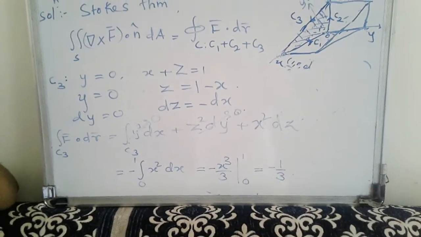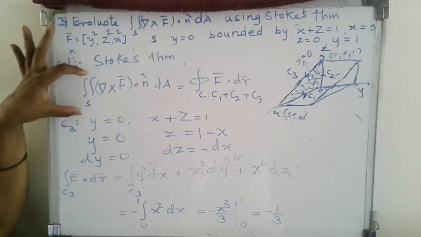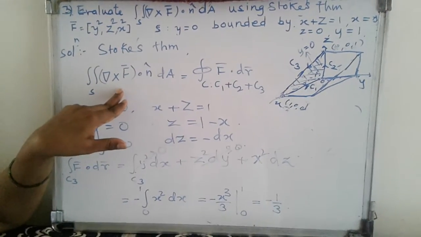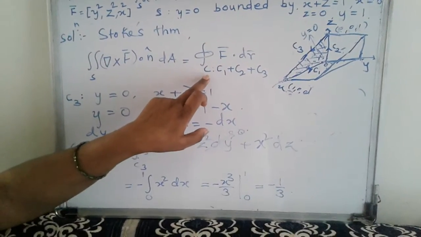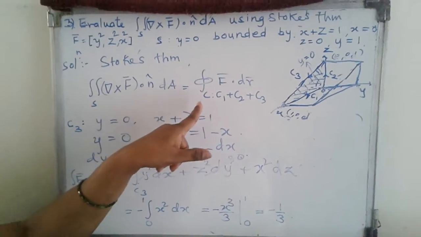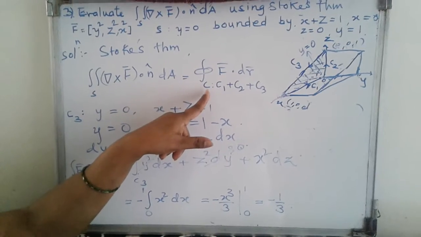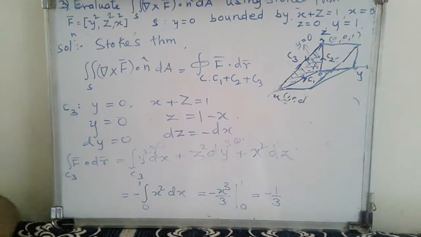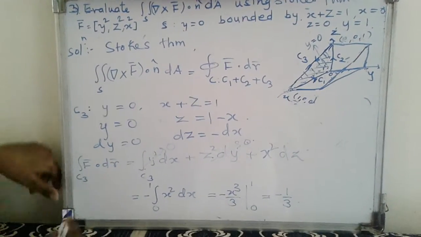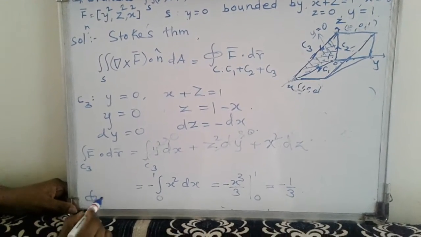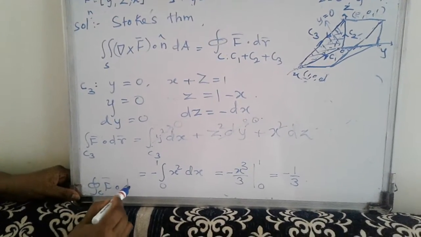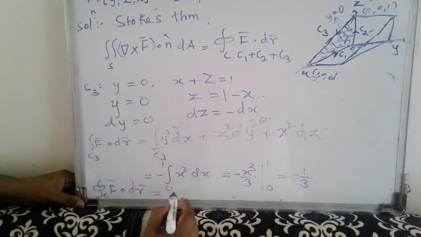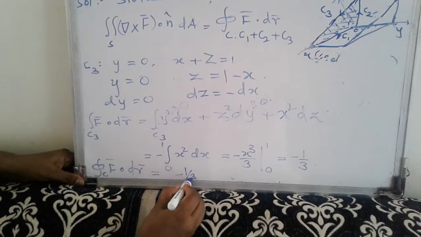And let's recall, in the last video we got the value of this surface integral to be equal to minus 1 by 3. We have evaluated right now in this lecture the value of this line integral along the closed path C, where this surface is bounded by this closed path C, and got the value along the closed path C, f bar dot derivative of r bar, equal to the sum of all three line integrals, and that is equal to minus 1 by 3.